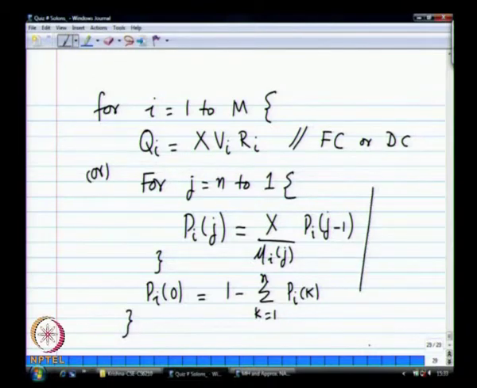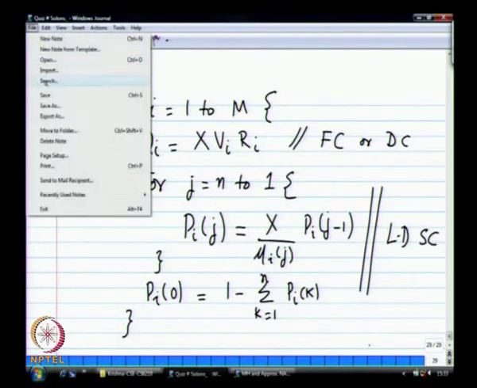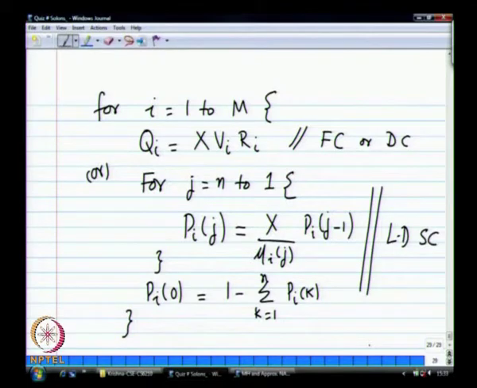So this is for load dependent centers. There is no other place where uppercase N appears. So this is as it is from before. This is the only change based on the Pi's that we saw before.